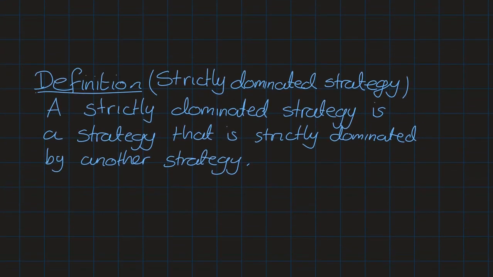The definition of a strictly dominated strategy is as follows. It's a really simple definition. A strictly dominated strategy is just any strategy that is strictly dominated by another strategy.